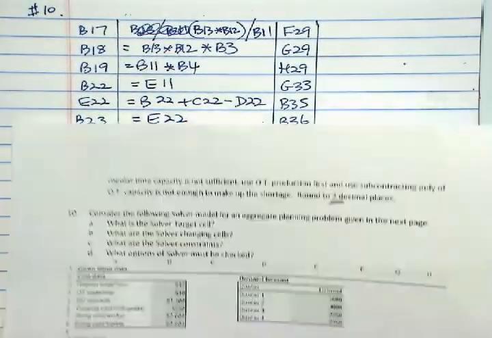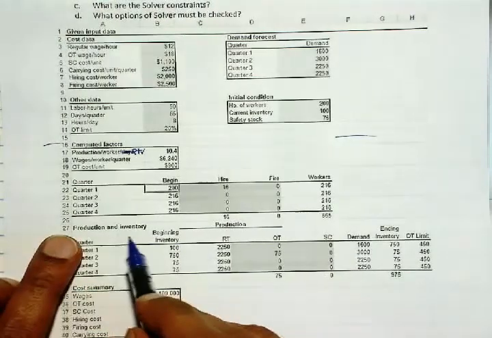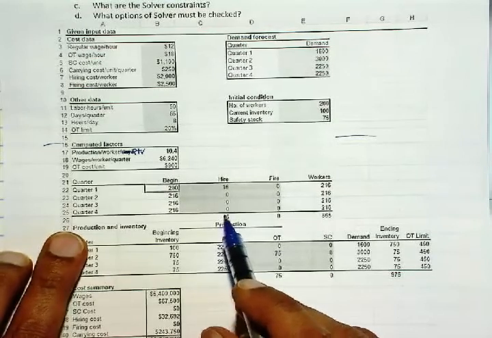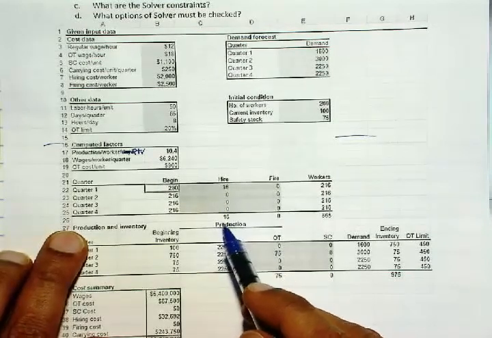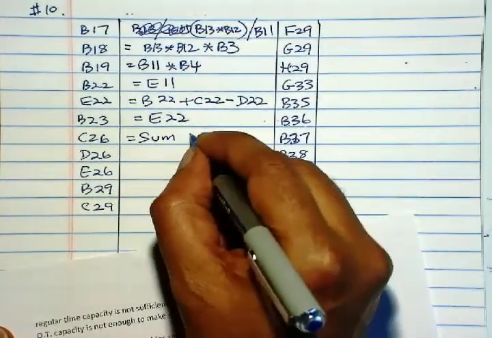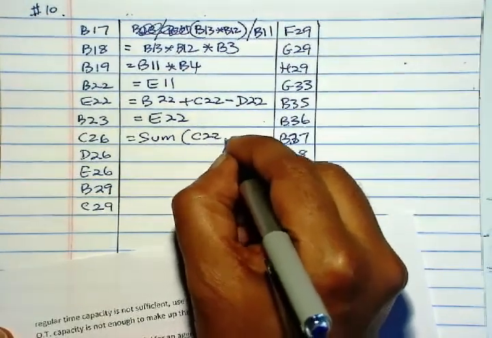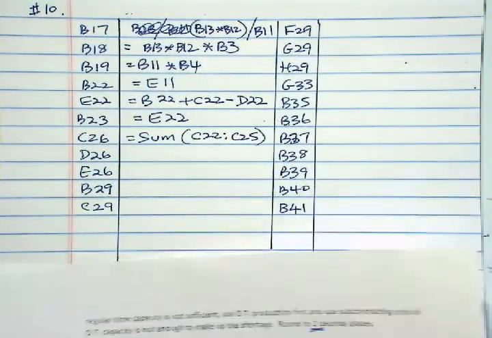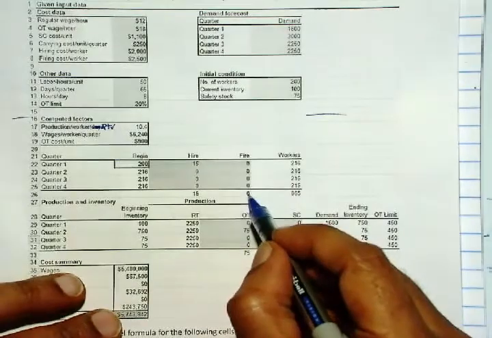Next is C26. C26 is the sum of hires. So that will be sum of C22 through C25. And D26 is the same for fire.